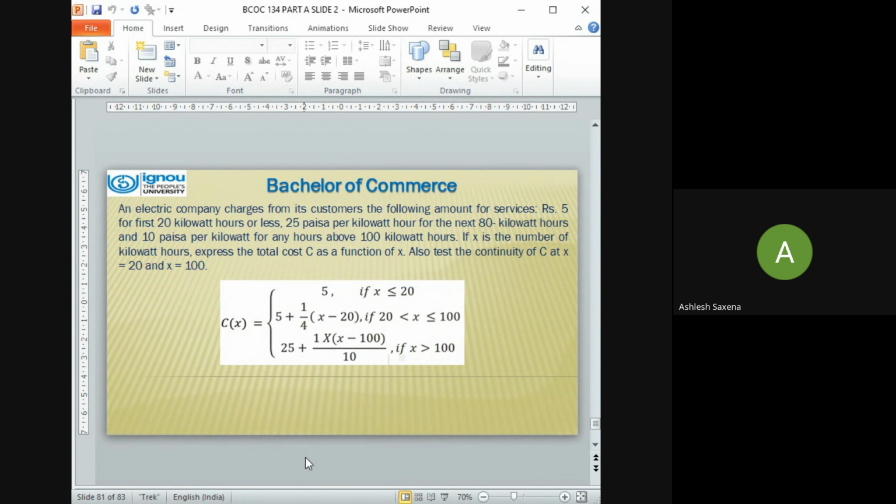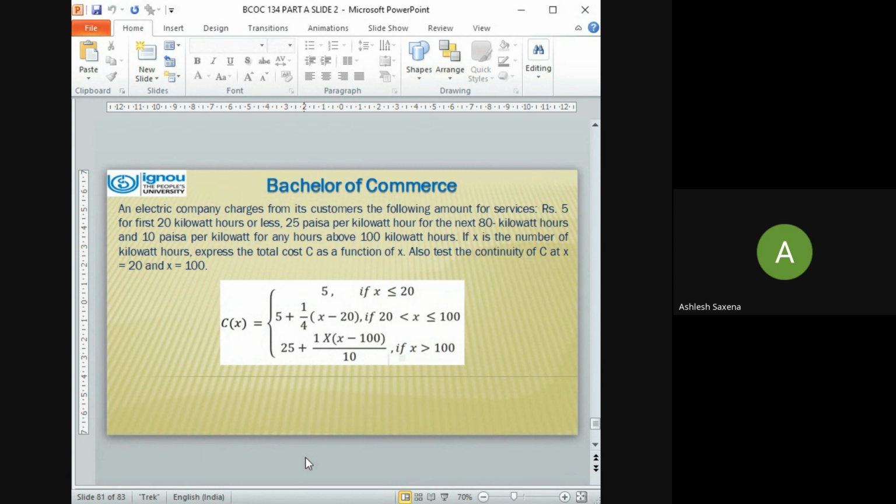Here we can see that three conditions are given to us. The first condition is units less than or equal to 20. Correct? The second condition is between 20 and the next 80 kilowatt hours.